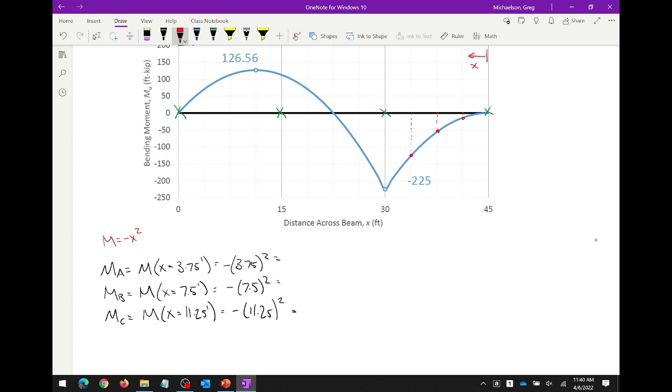So negative 14.06. We'll just say 2 decimal places. All right, what about the second one? And what about the third one? 126.56.